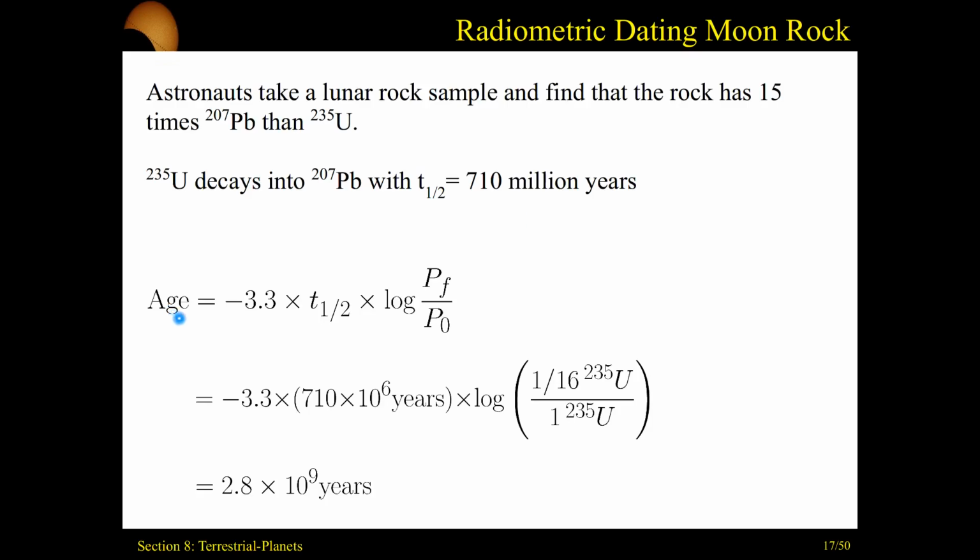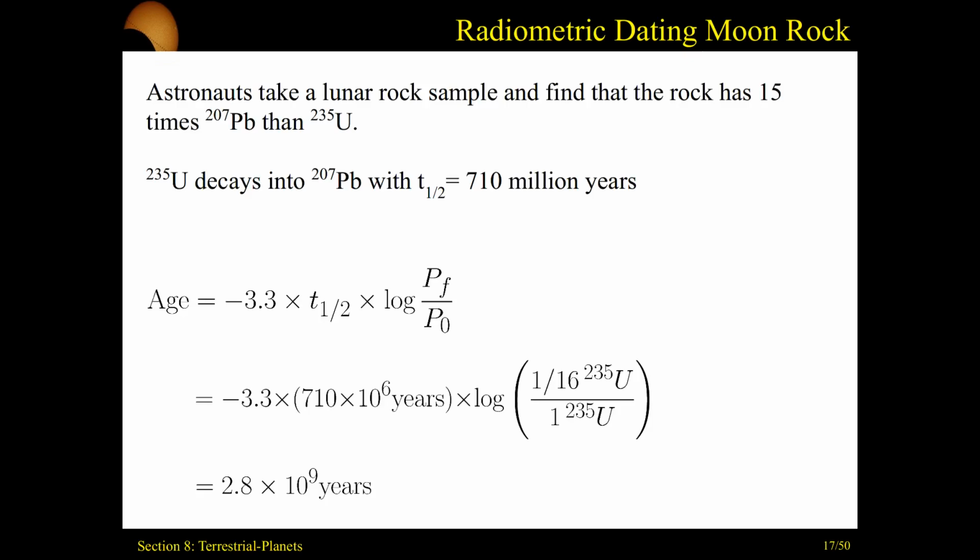Remember that the age is given by that equation: minus 3.3 times the half-life times the log of the ratio of the final population versus initial. So, minus 3.3, our half-life is 710 times 10 to the 6 years, times log. In this rock, we found there's 15 times more lead than uranium.